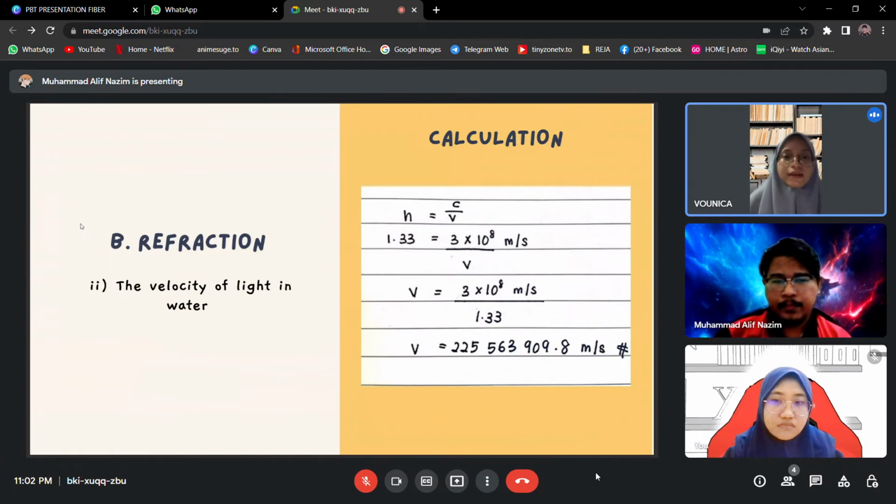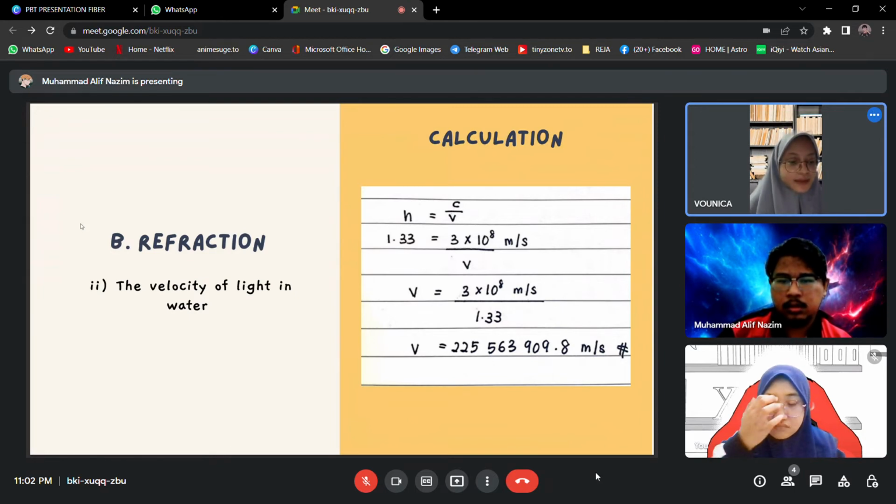Next, calculate the velocity of light in water. We use the formula N equals C over V, where C is the maximum velocity of light, stated as 3 times 10 to the power of 8 meters per second.